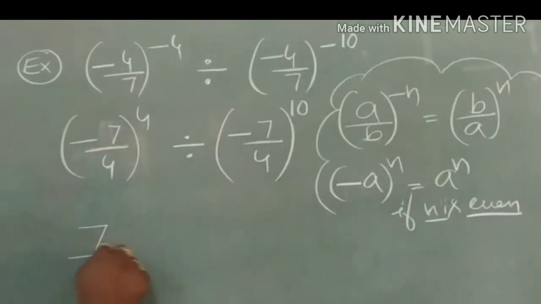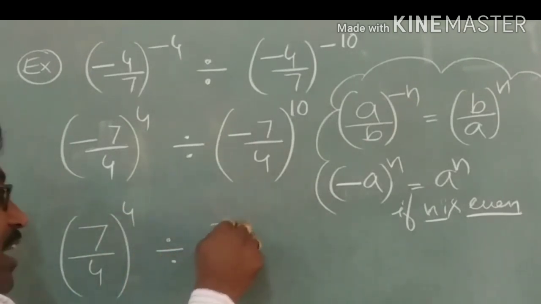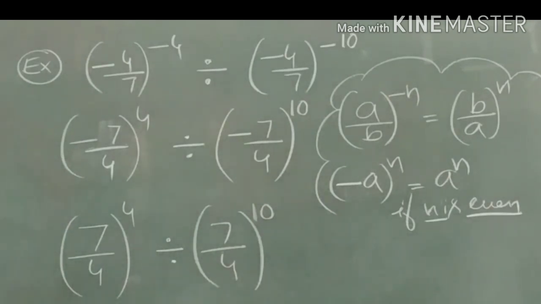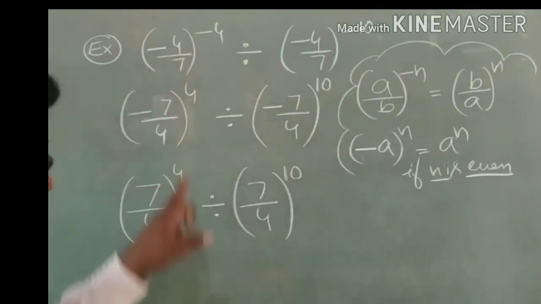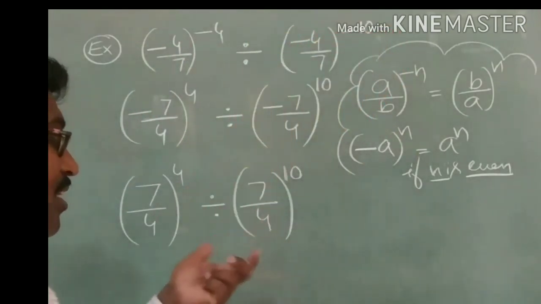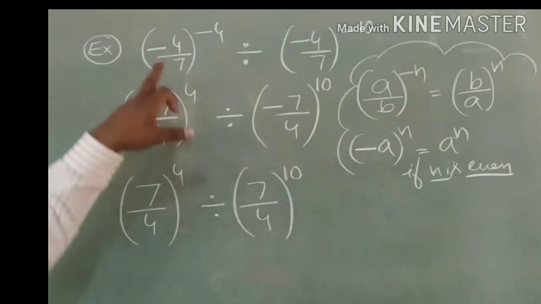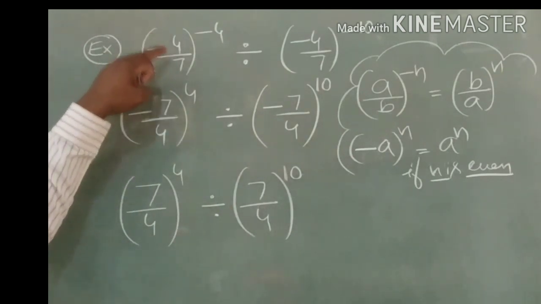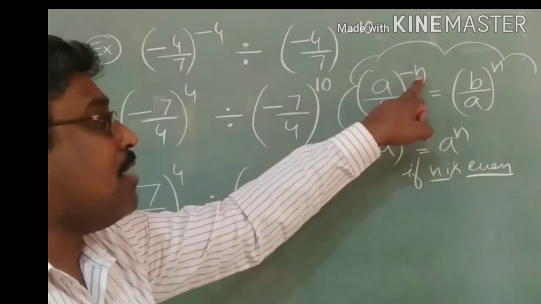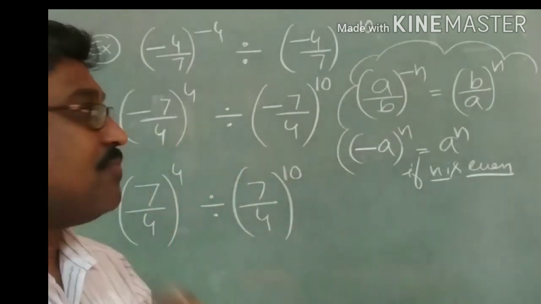Now, 7 by 4 whole to the power of 4 divided by 7 by 4 whole to the power of 10. So look at the question and this step. In this, more number of minus signs were there. Now we eliminated minus step by step. What is the first step? Minus 4 by 7 whole to the power of minus. If a minus power is there on any fraction, then what should you do? Take the reciprocal of the fraction.